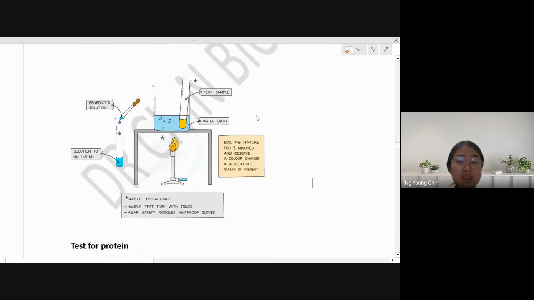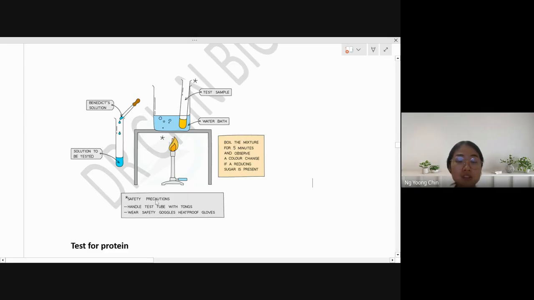Generally the experiment is conducted this way: you put the Benedict solution, which is initially blue, into the solution you need to test, such as a glucose solution, and then you put it into the water bath and slowly heat up. You boil the mixture for about 5 minutes, and then you can see the color change.